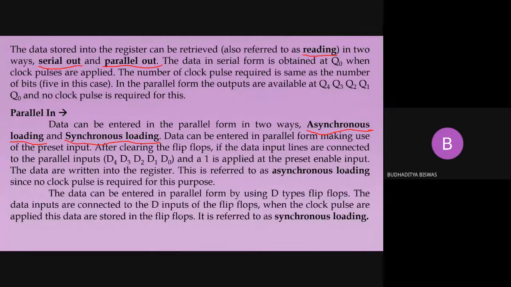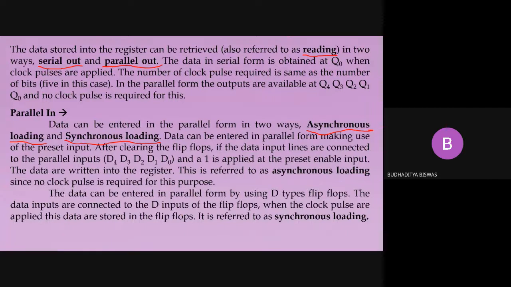No, the process of storing the data inside the register is called loading. Because there are some terms: retrieving the data from the register is called reading, and writing the data inside the register is also called loading. So one is writing the data, one is retrieving the data.